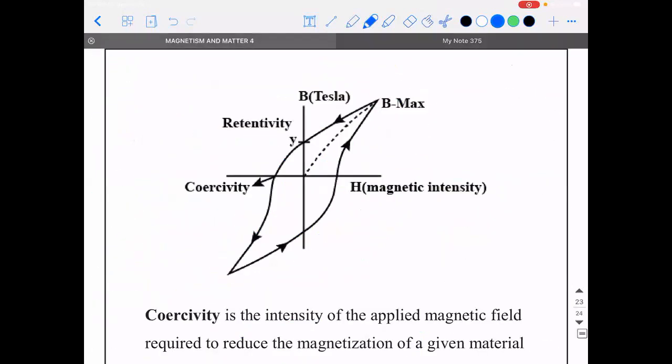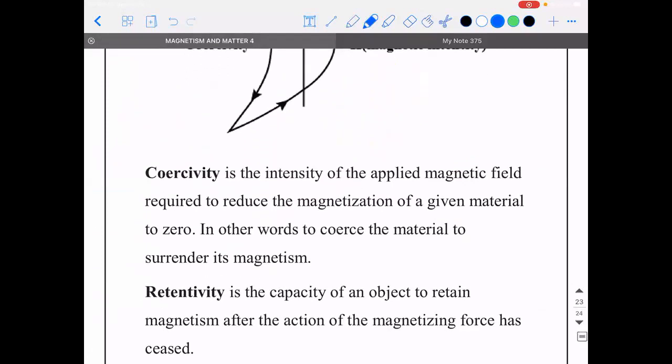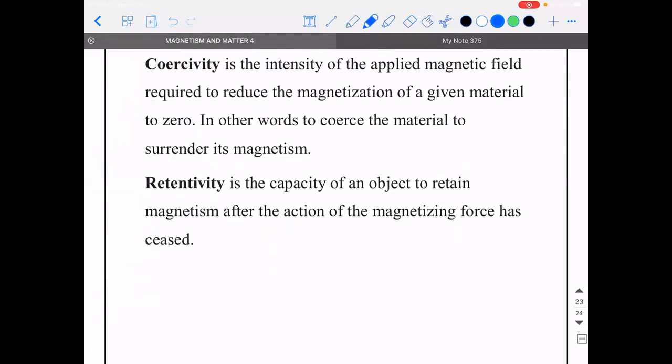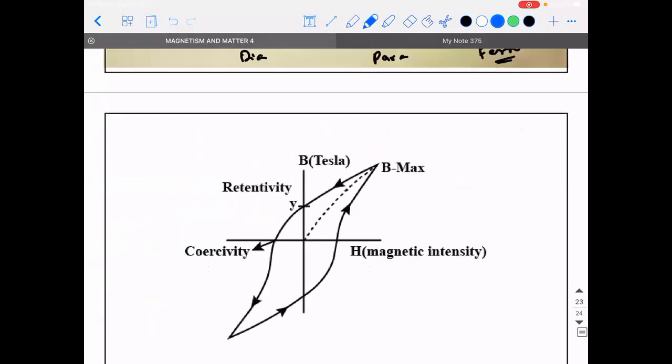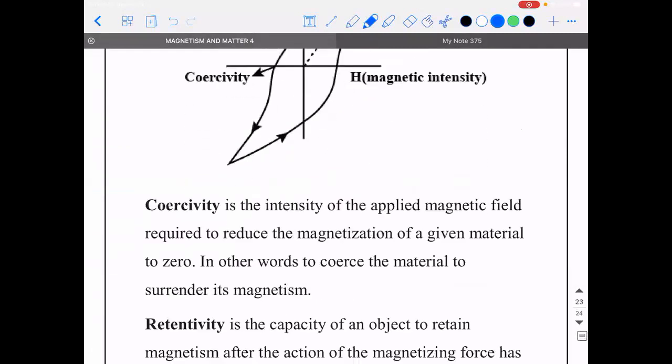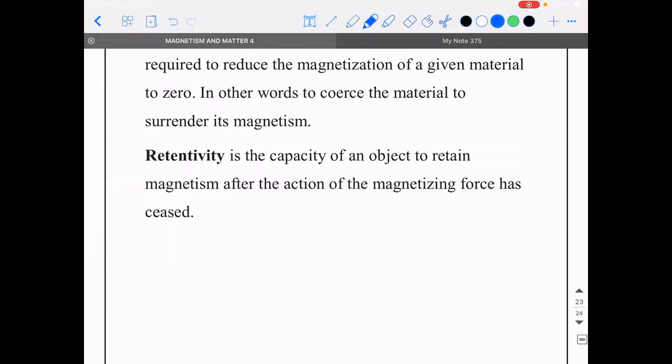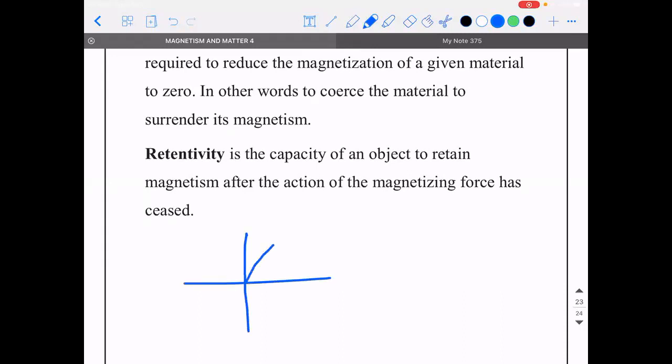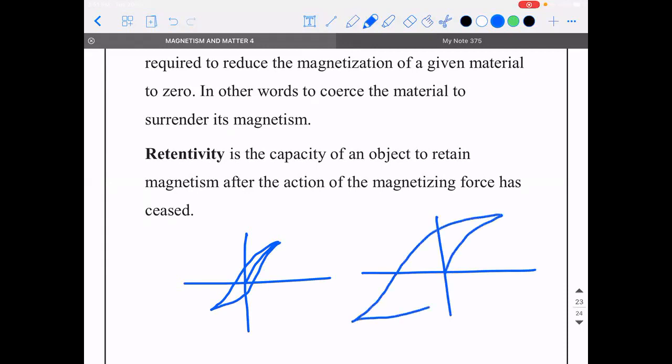Now, these are the definitions. So, if they give you a graph like this, and if they give you a graph like this, what is the difference between these two graphs?